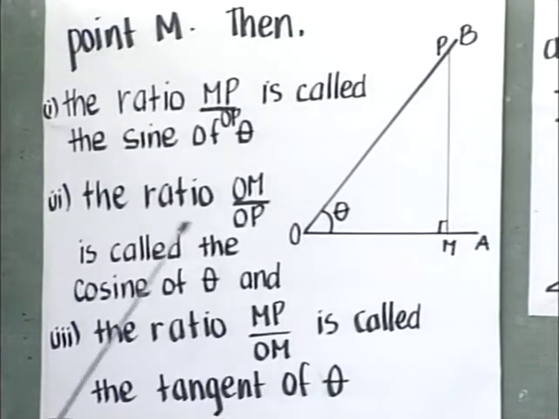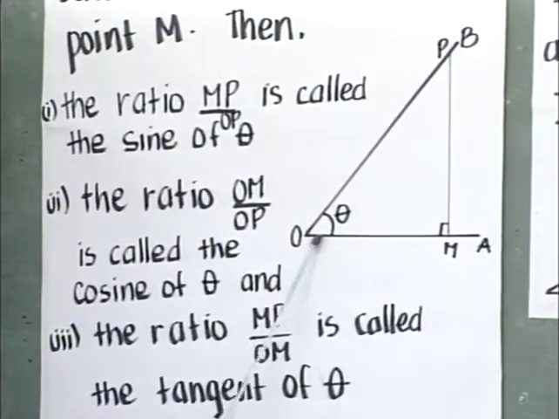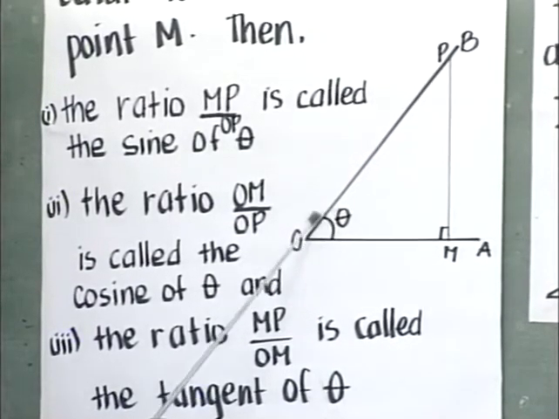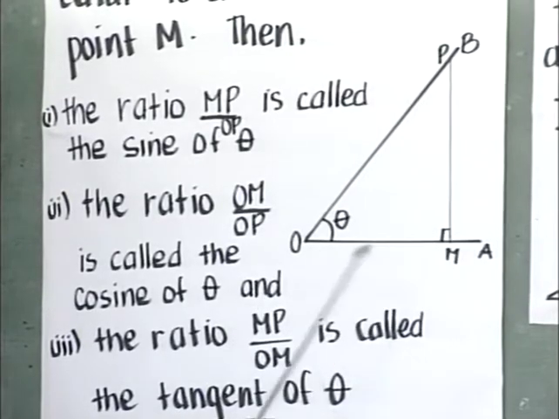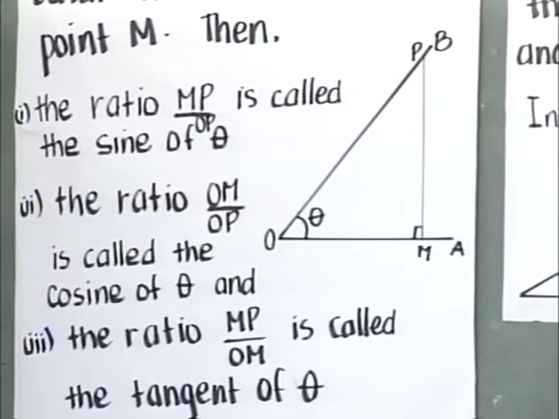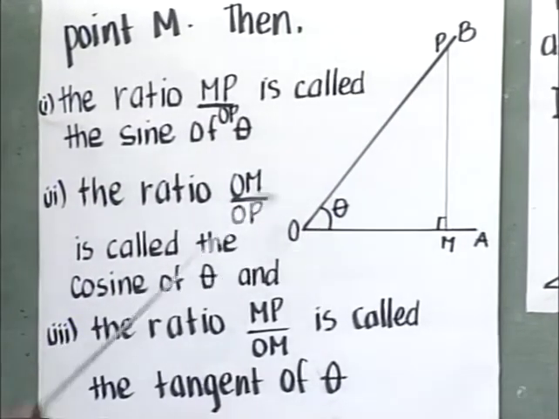Okay, the ratio OM, which is the side that is adjacent to angle theta. The ratio OM over OP, which is again the hypotenuse, is called the cosine of angle theta.